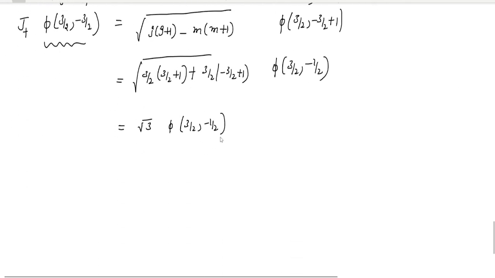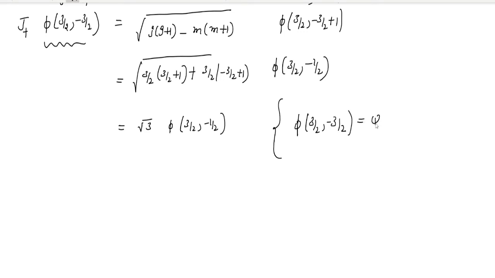Okay, let's go here. So we know the pi 3 divided by 2 comma minus 3 divided by 2 equal to wave function psi, equation number 2, minus 1 divided by 2, right? This is equation number 2. So in place of this pi 3 divided by 2 minus 1 divided by 2, I'm going to use this psi function.